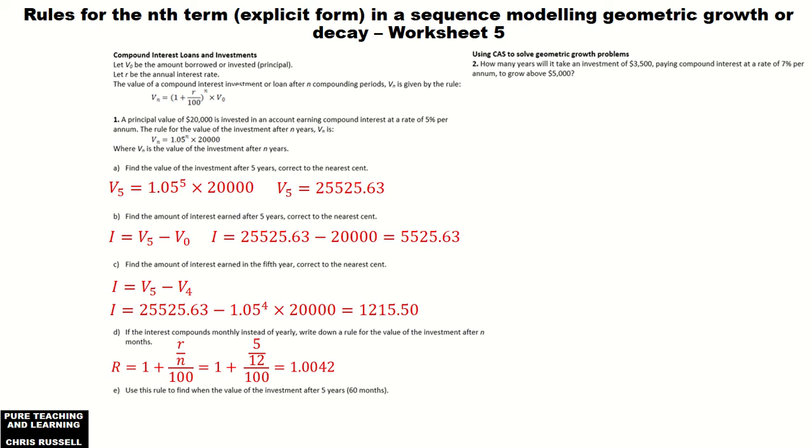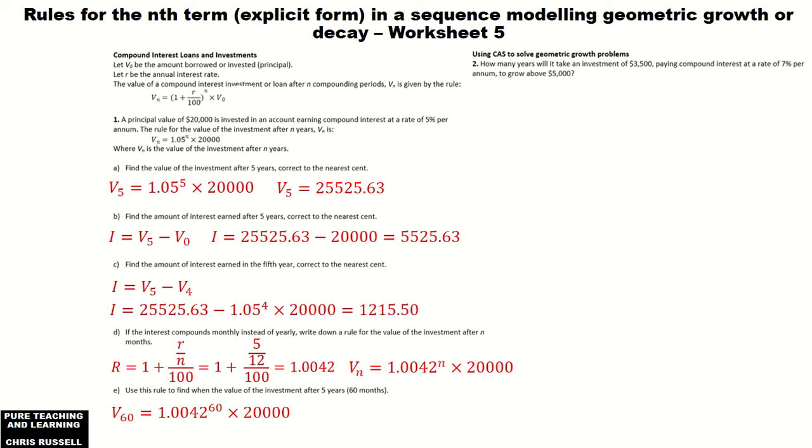E. After we use that rule, we've got Vn equals 1.0042 to the power of n multiplied by 20,000. So now we're up to E. We can use the rule now and substitute 60 because there are 12 months in a year, and 5 multiplied by 12 equals 60.